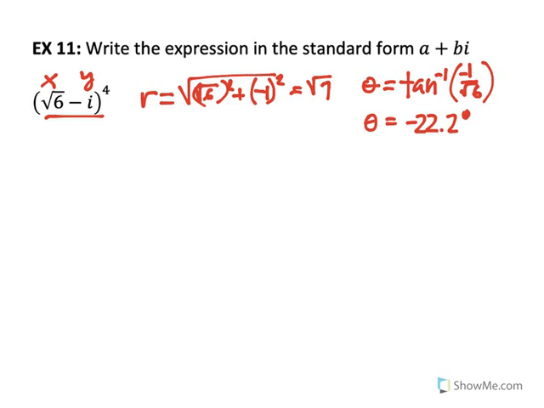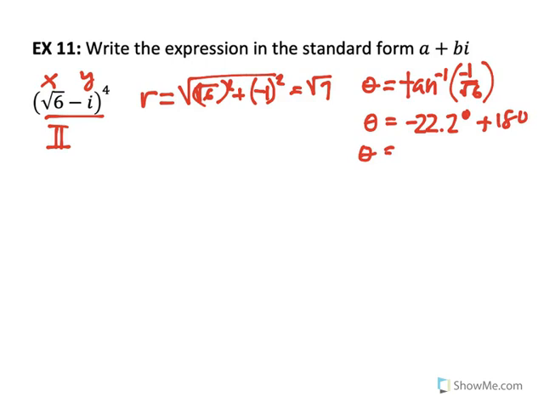However, if I think about this, root 6 minus i, this would be over root 6 and down 1, and so that tells me I should be in quadrant 4. If it's in quadrant 2, then I'm going to add 180 to this angle.